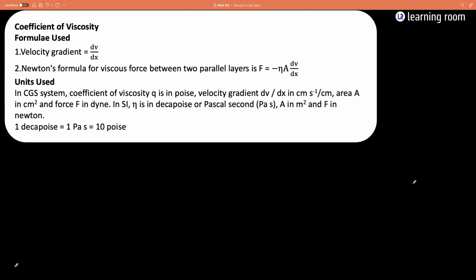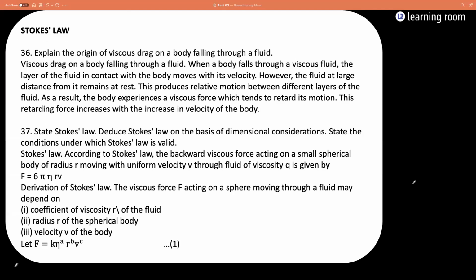So based on this, we need to discuss the next concept that is called Stokes' law. Explain the origin of viscous drag on a body falling through a fluid.